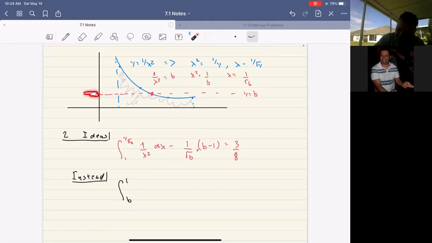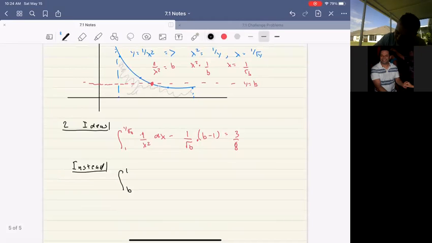I'm doing from b to 1, of, now I should do right minus left, 1 over square root of y minus 1 dy, that should equal 3/8. Okay, and that's going to be a little bit easier to calculate.